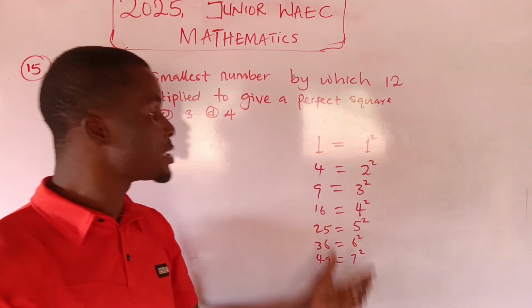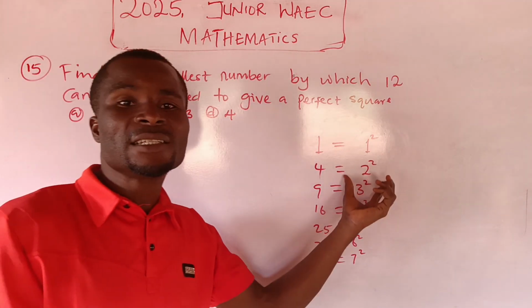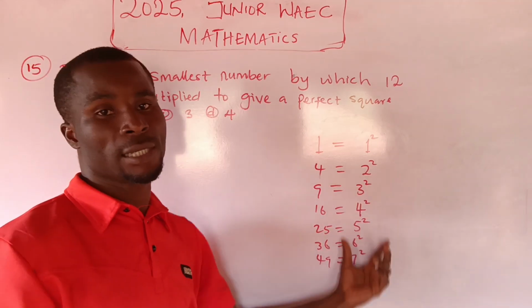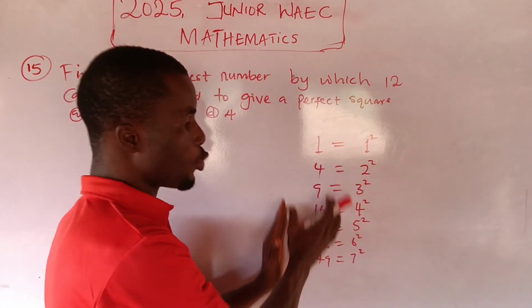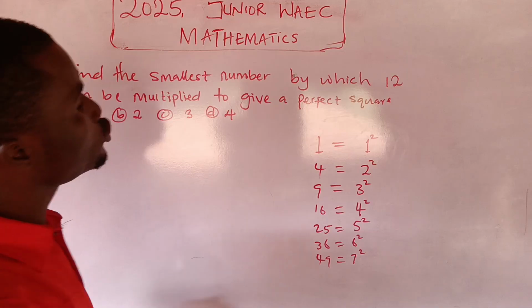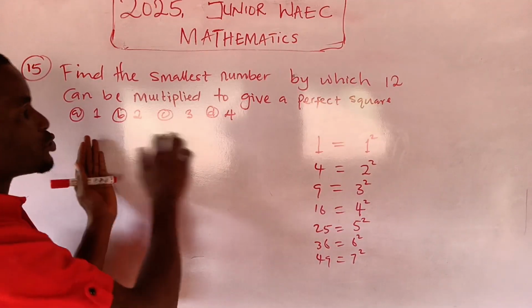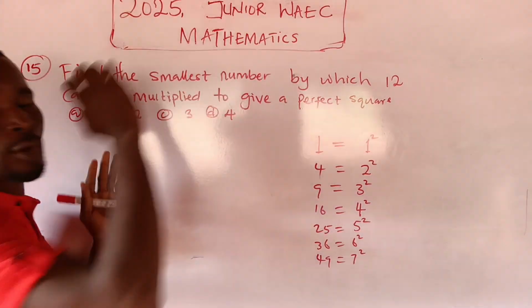So we have expressed these integers in a square pattern. Look at it. This is what we call a perfect square. So looking at this, which one do you think is the perfect square, the best answer to this question?